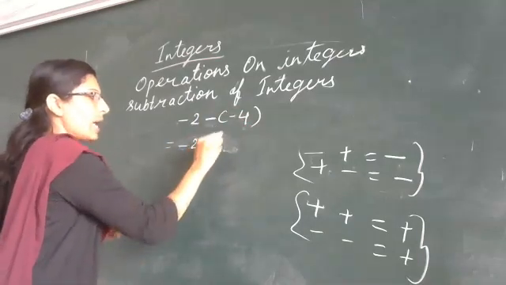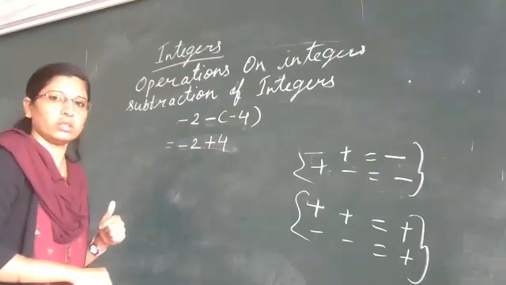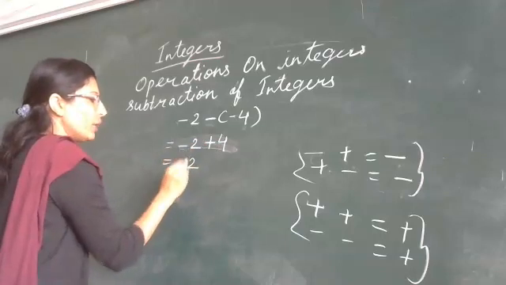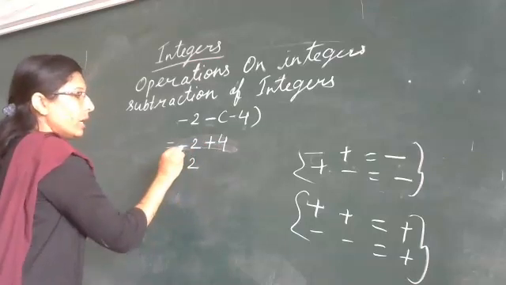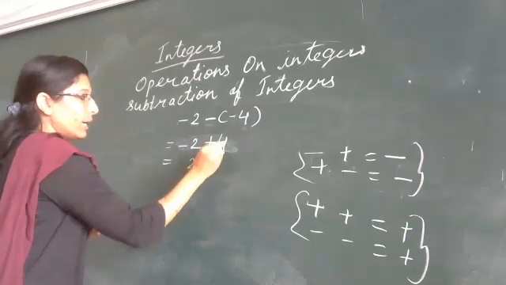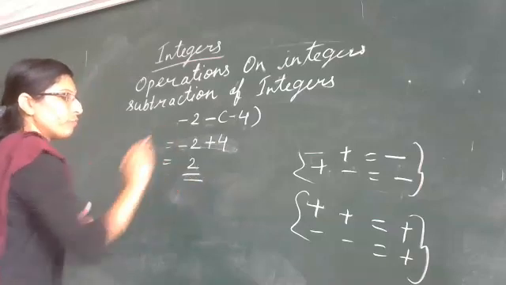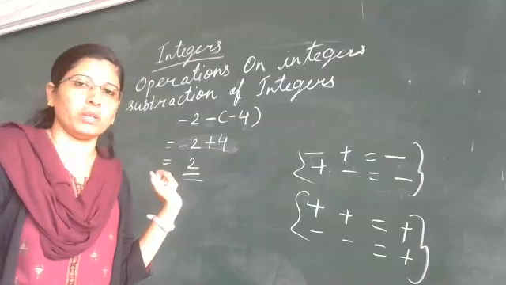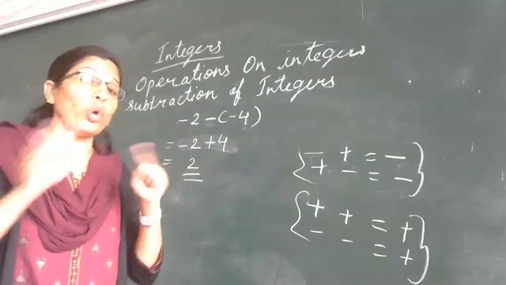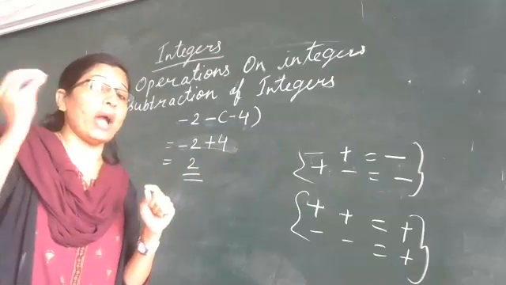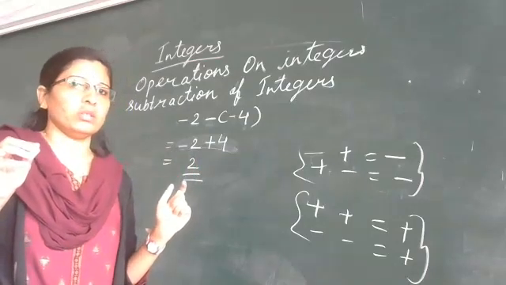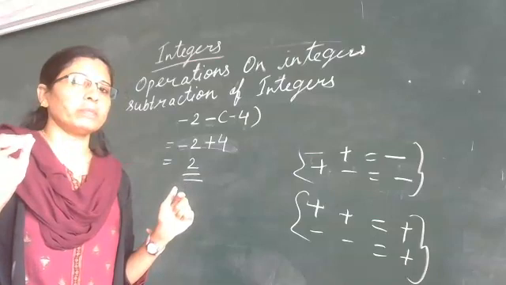Minus 2 plus 4, and your answer will be 2. 4 minus 2 is 2, and the greater number's sign is plus, so plus will come. So both are related. Same method for addition and subtraction, you have to use the same method. Clear?